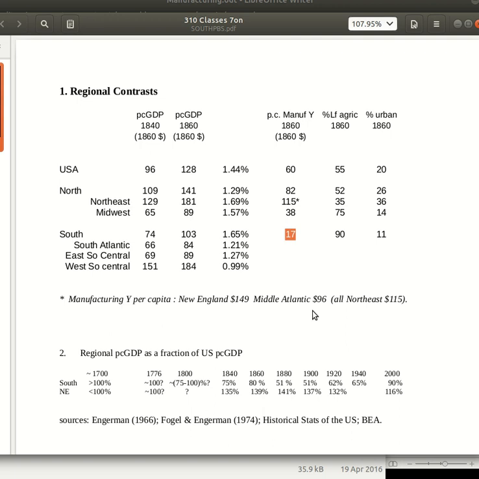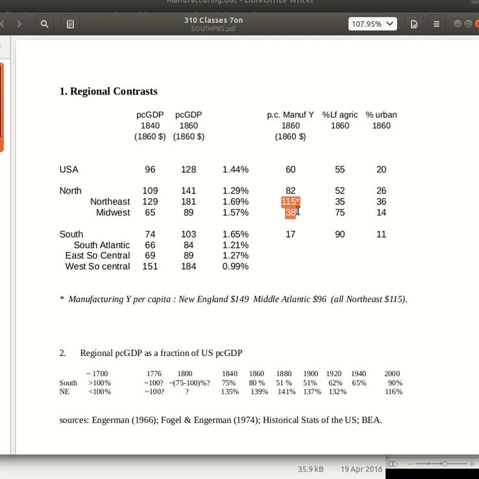So there we go. We're back to that old question. Do we want to focus on a north-south difference, 17 in comparison to 82? Or do we think that 82 is really confusing and confounding the matter, that really we have two very different economies in the North?